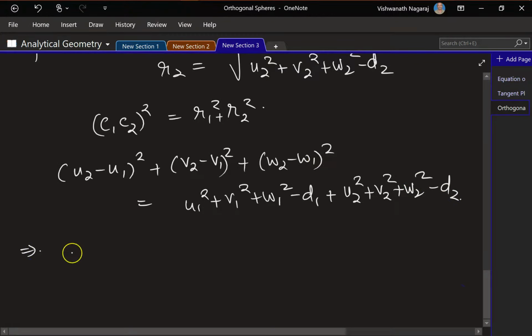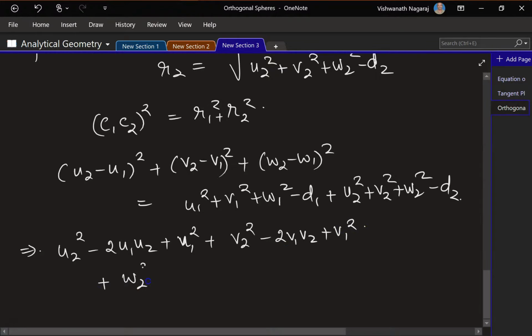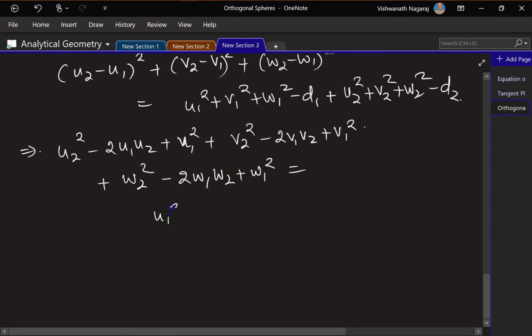Okay, which implies, let's open these brackets: u2 square minus 2u1u2 plus u1 square, plus v2 square minus 2v1v2 plus v1 square, plus w2 square minus 2w1w2 plus w1 square, is equal to u1 square plus v1 square plus w1 square minus d1 plus u2 square plus v2 square plus w2 square minus d2.